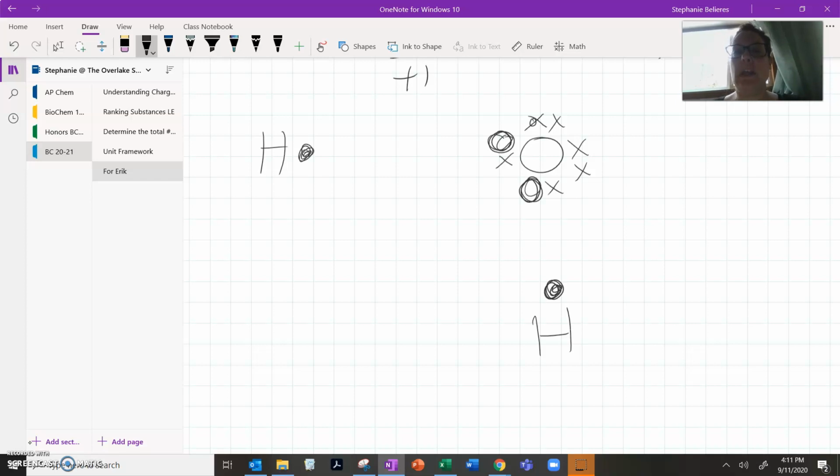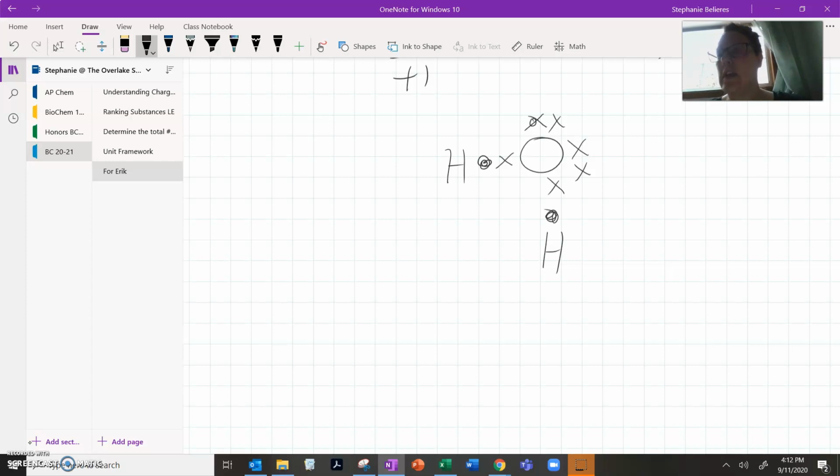Now, what's going to happen is that because oxygen is more electronegative, when these atoms start to get a little closer, the electrons in the valence shell, so here's oxygen's and here's hydrogen's, are both using that shared pair.